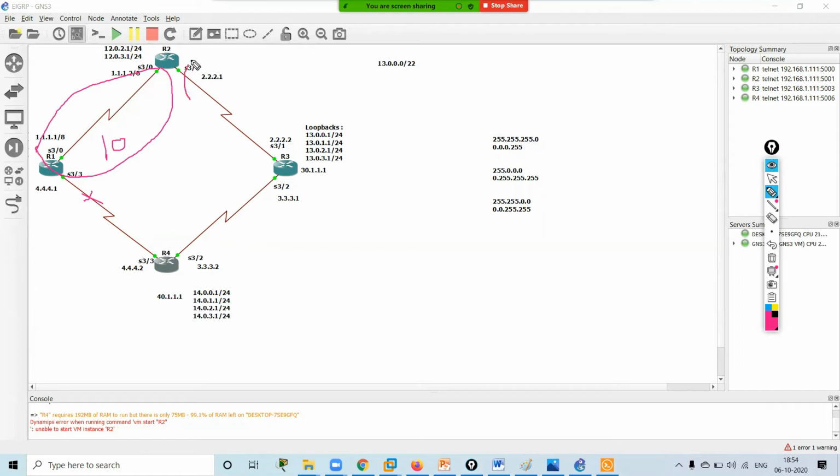Between R2 and R3, with the loopbacks and with the LAN, I'll be running, suppose, area 0. It should be in the middle. And over here, I'll be running area 20. Understood my plan?